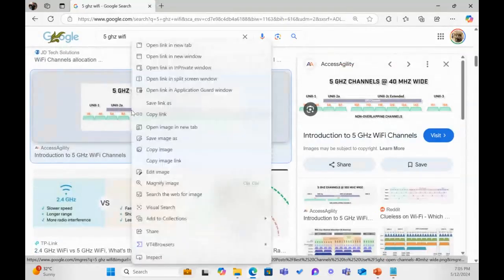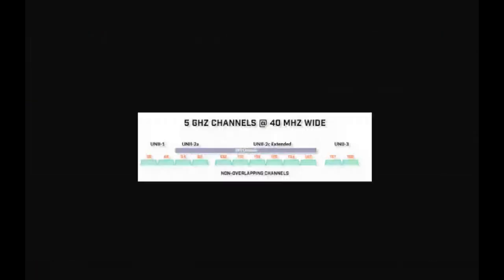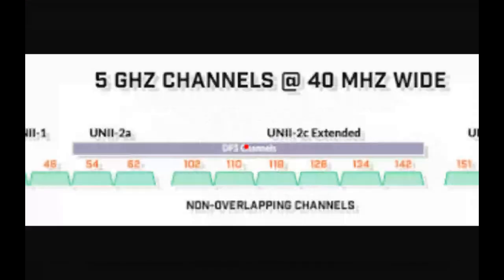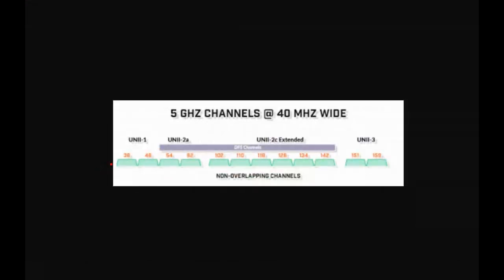Yeah, I think this might be a bit better. But remember, as we use 5 gigahertz and it's faster and we have a higher range, higher speeds, we have to manage this a bit better. So now we've got 1, 2, 3, 4 channels, 5, 6, 7, 8, 9, 10, 11, 12, 13.